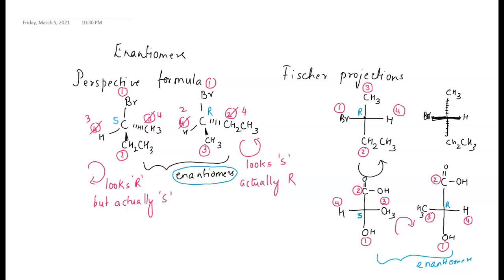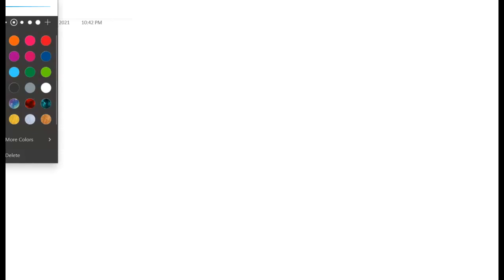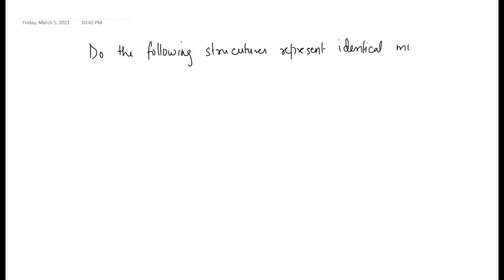Okay, let's do one exercise here. The question is, do the following structures represent identical molecules or enantiomers?